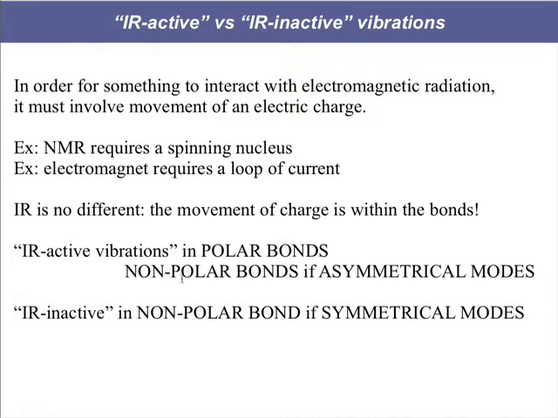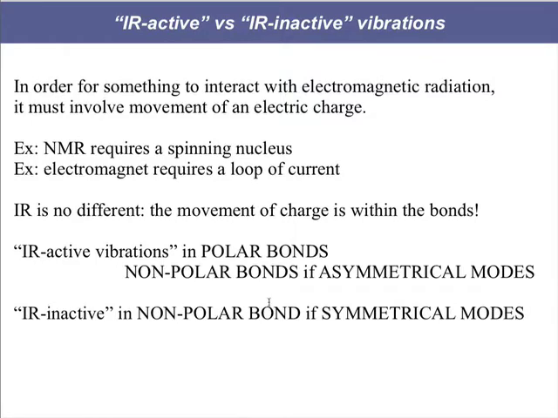So that means that IR inactive vibrations will be non-polar bonds that are vibrating in symmetrical modes. So sometimes if we've got symmetrical bonds that are non-polar, their vibrations will not interact with infrared light and they will not show up in the infrared spectrum.